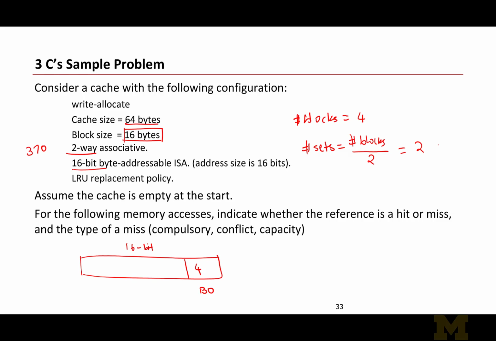So the number of sets is going to be 2 sets. To figure out which set I should go to, I just need 1 bit, and the remaining bits are going to be tags. So 16 minus 1 minus 4, so that is 16 minus 5, that is 11. So this is my set index, and this is my tag.